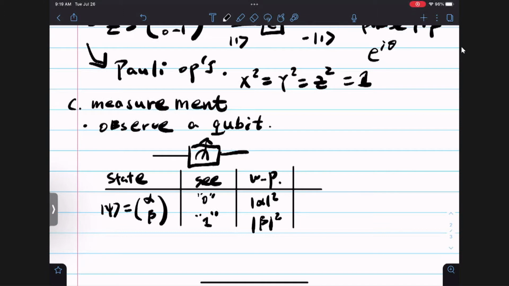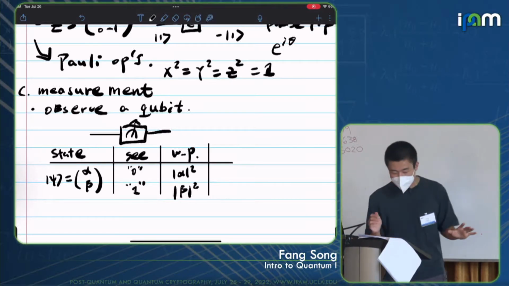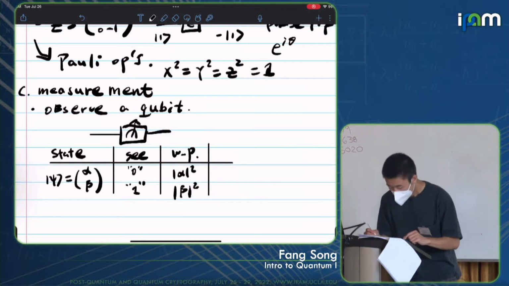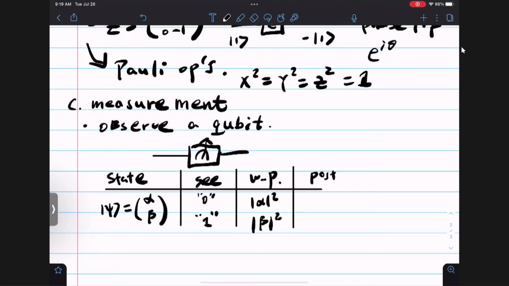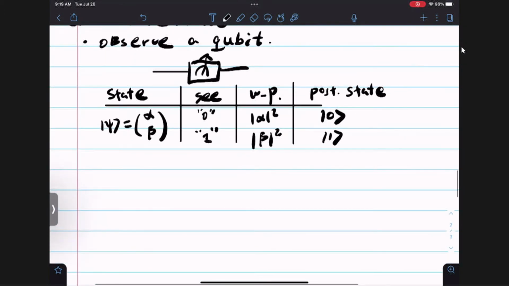Okay, not too surprising. But what's interesting is, once you observe it, once you do this measurement, the state will collapse. At least that's what physics calls it. That means after the measurement, if you see a 0, then your posterior state will become |0>. On the other hand, if you observe 1, then the posterior state will be |1>.